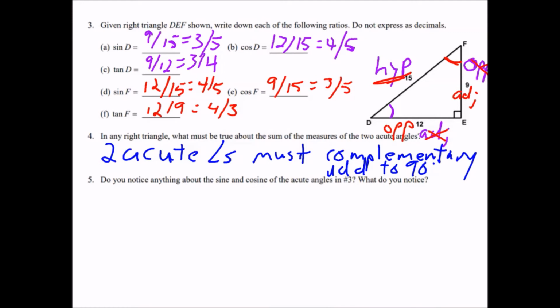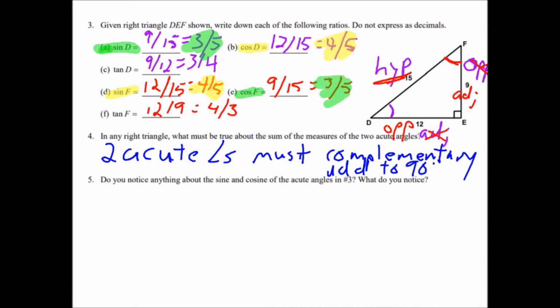Do you notice anything about the sine and cosine of the acute angles in number 3? So let's locate the sine and cosine. So sine of D is 3 over 5, and the cosine of F is 3 over 5. And then if we look at the sine of F, it's 4 over 5, and the cosine of D is 4 over 5.